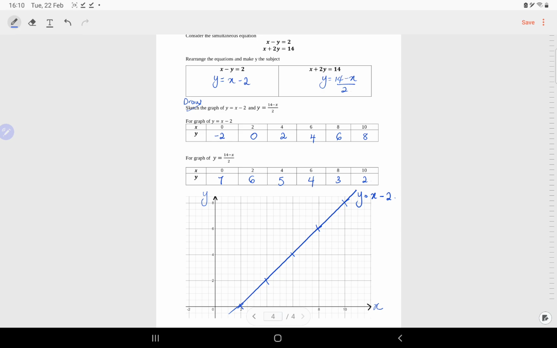The next one: 0, y is 7. 2 and 6. 4 and 5. 6 and 4. 8 and 3. 10 and 2.